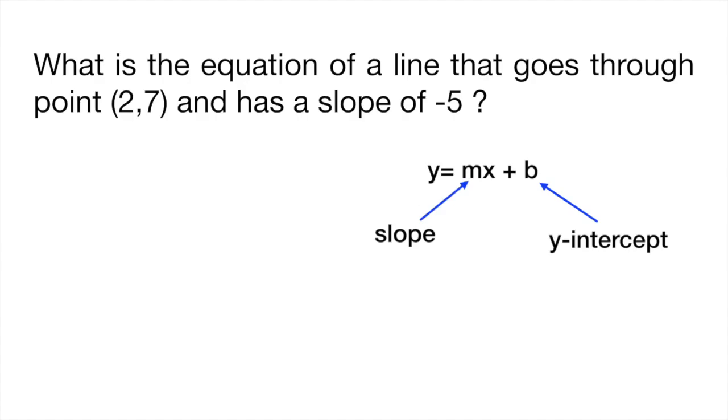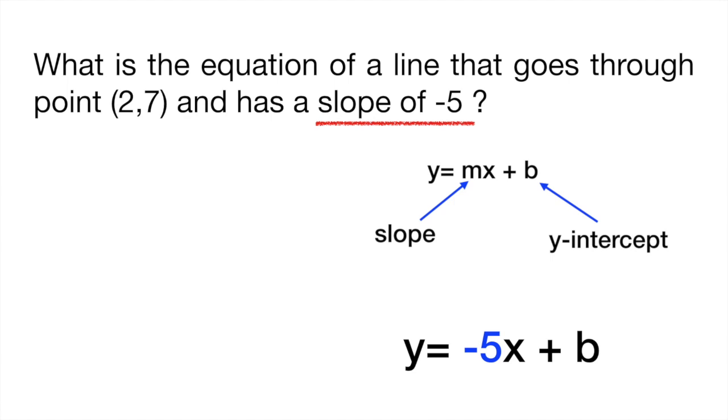So if we go back to our problem, it tells us the slope is minus 5. So all you have to do here, step 1, would be to introduce that minus 5 where the m is in the equation. So instead of having y is equal to mx plus b, you would have y is equal to minus 5x plus b.